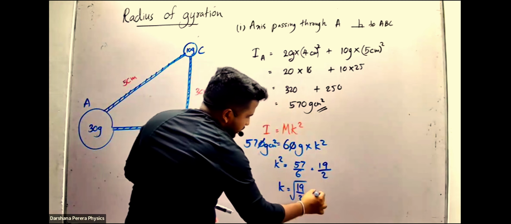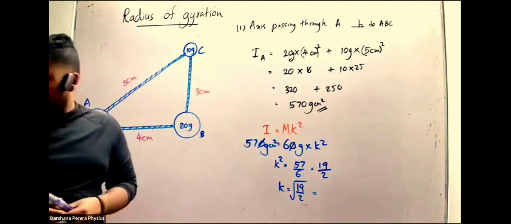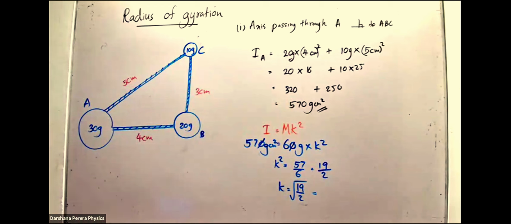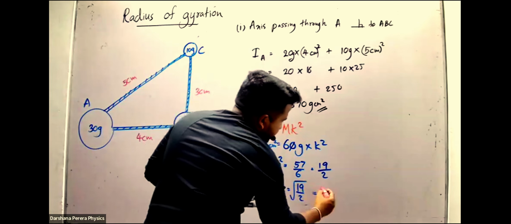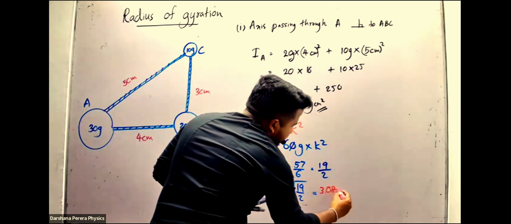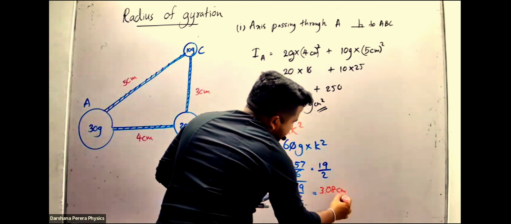The root of 19 over 2 means 3.082, about 3.08 centimeters.